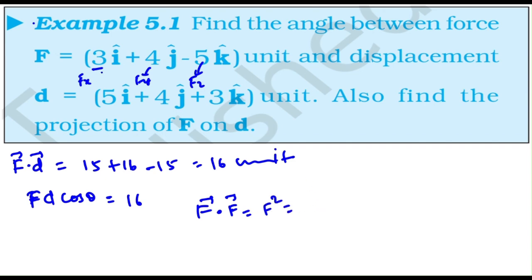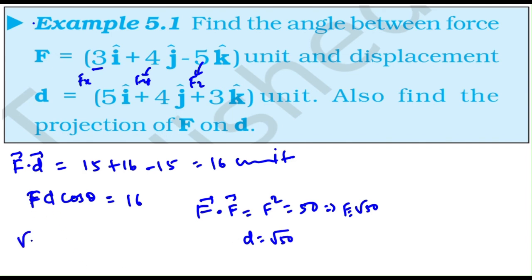So F square is Fx into Fx plus Fy into Fy plus Fz into Fz, that is 3 square plus 4 square plus minus 5 square. So 9 plus 16 is 25, and here 25, that will be 50. Then F equals under root 50. In the same way, D will be under root 50. You can check it by yourself.